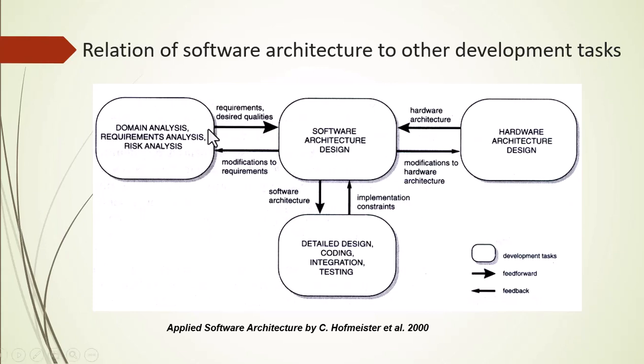So domain analysis is necessary for software architecture design, and this architecture design depends on the hardware architecture. So analyzing the hardware architecture and the classes is necessary for the software architecture, and then when the software architecture is finalized, the modules are finalized, coupling and cohesion are specified, then low level design starts.